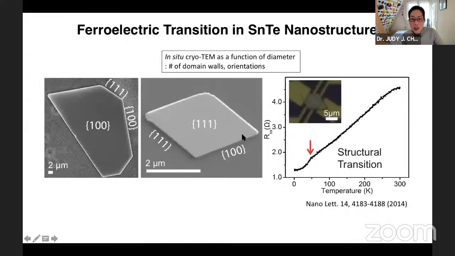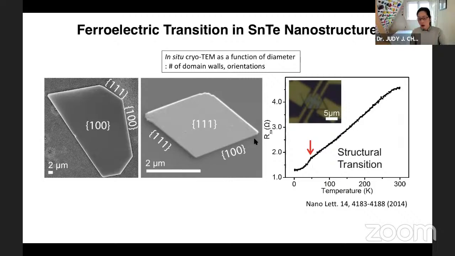So what do I mean? Tin telluride is known to go through a structural transition from cubic to distorted cubic. And you can pick up this structural transformation in your resistance measurements because your resistance, as you cool your material, will have a kink. So this kink right here indicates the structural transformation happened.